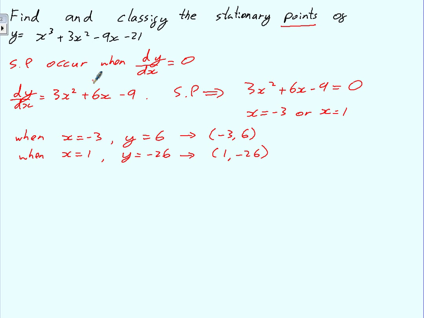Rather, I have to use the second derivative, d2y by dx squared. To find that, I take the first derivative and I differentiate that again. So 3x squared becomes 6x, and 6x just becomes 6, and the minus 9 disappears completely.